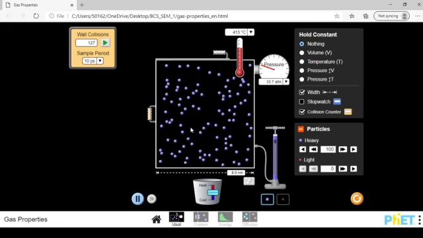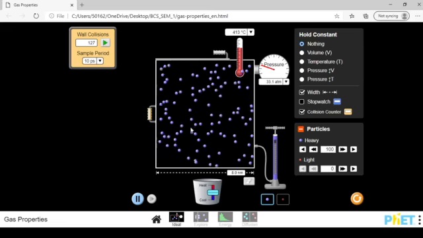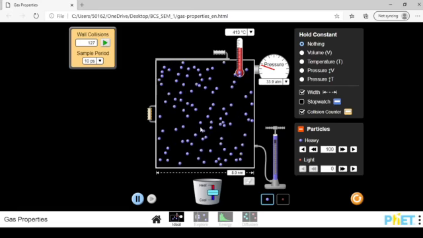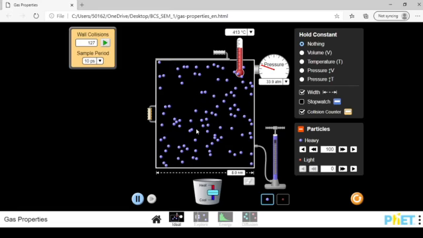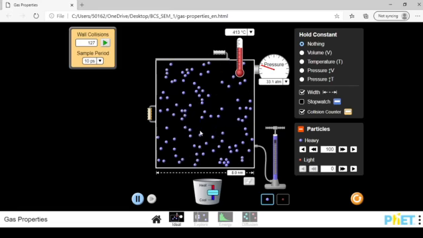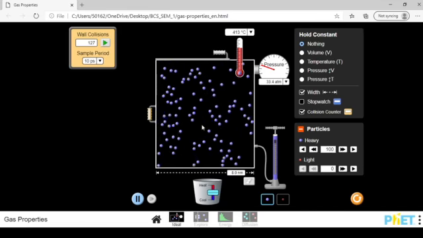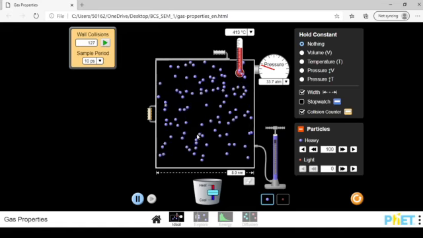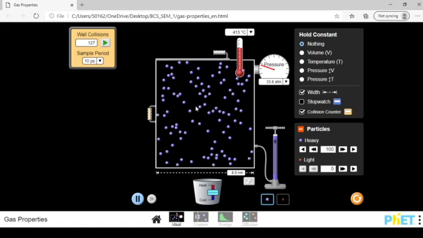So increasing the velocity of these particles means we are increasing the kinetic energy of each. I want you to use the word kinetic energy of the particles, so that they will collide more often and with more force with the walls of the container.